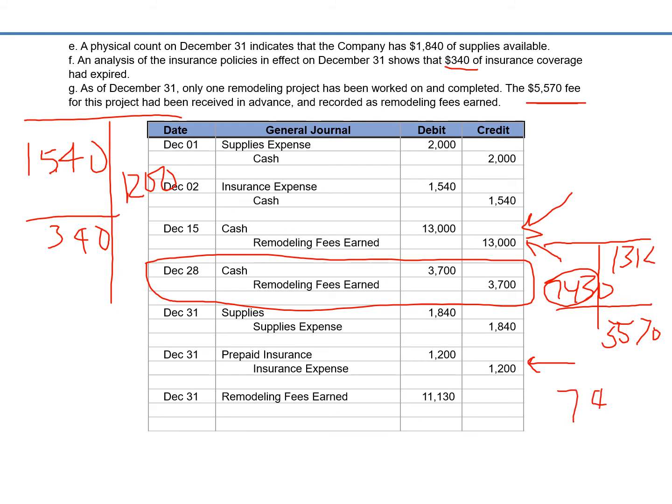So if we lump both of those into a single entry, you have $7,430 plus $3,700, and that's how they're getting the $11,130, reducing our revenue here.